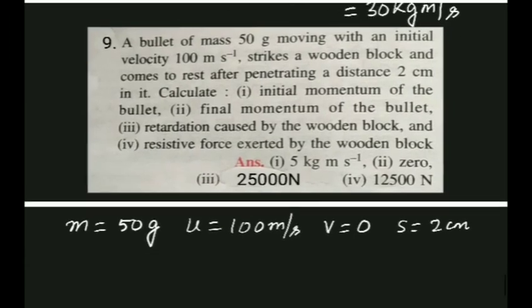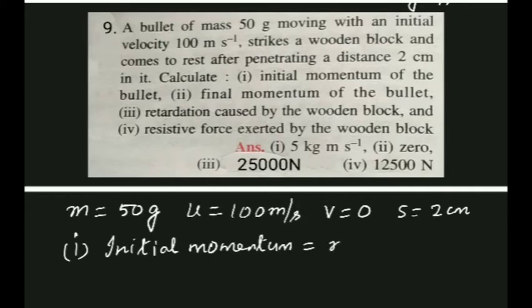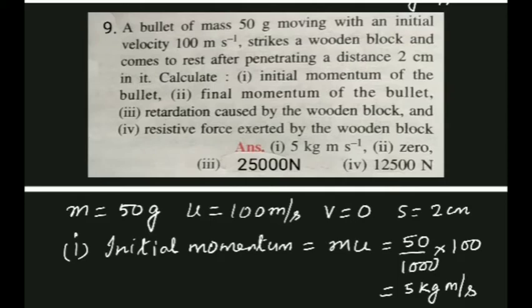Calculate initial momentum. First part. Now initial momentum, when they are asking, initial momentum, so you will write m into u. So 50 upon 1000 into 100, so it will be 5 kilogram meter per second.